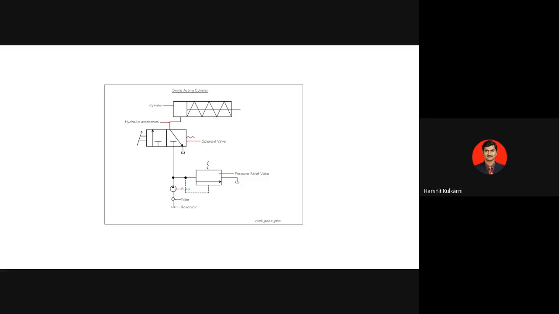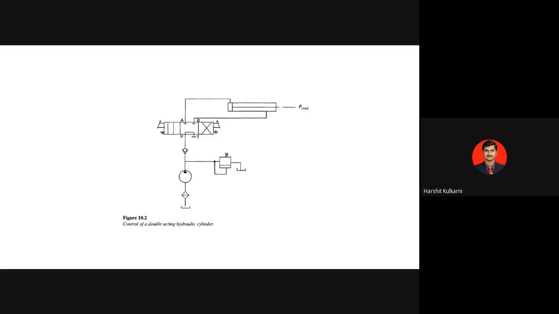Okay. Now let's go to the double acting cylinder circuit. In center position, P is getting connected to T. When you go to the left envelope, P will go to A and B will go to T. When you go to the right envelope, P will go to B and A will go to T. This is the connection. Now, my question to you is, can I use this 4x3 valve, which is there in this double acting cylinder, for a single acting cylinder?